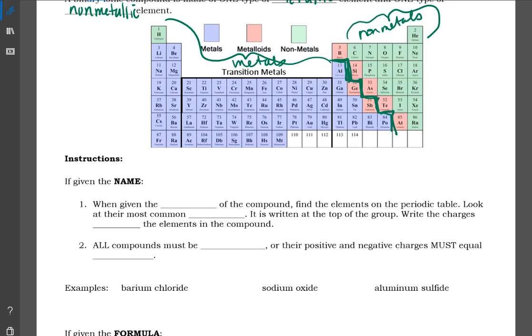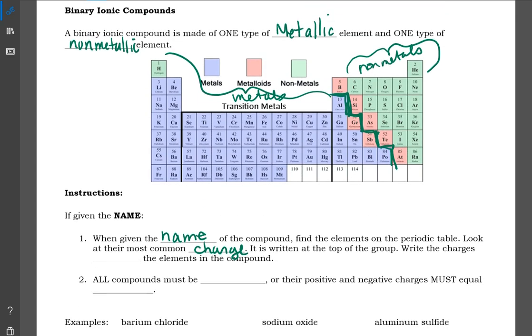So the first thing you do, when given the name, is find the elements on the periodic table. Look at their most common charge. It is written at the top of the group. Look, the alkali metals are a +1. Alkaline earth metals are a +2.